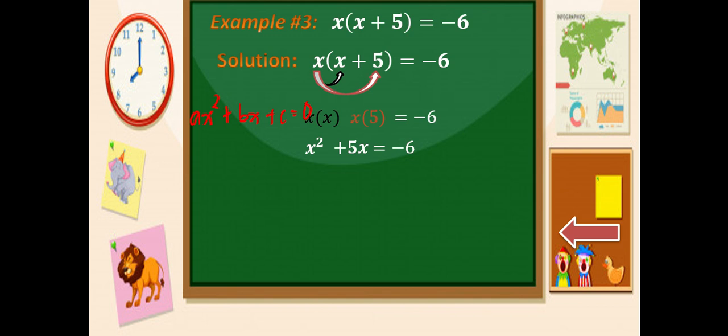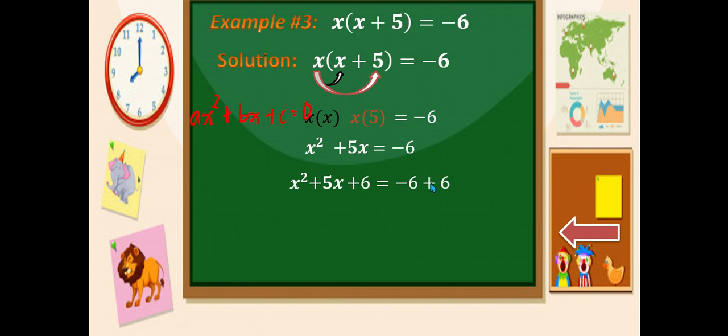Okay. So, I'm sure iniisip ninyo using APE or addition property of equality. So, tama naman yon. Siyempre, yung negative 6 dito, kailangan natin i-eliminate. Kailangan mapunta yung negative 6 dito sa left side ng equation. Okay? So, using APE, so ito po yung magiging result. X squared plus 5x, observe, plus 6 equals negative 6 plus 6.